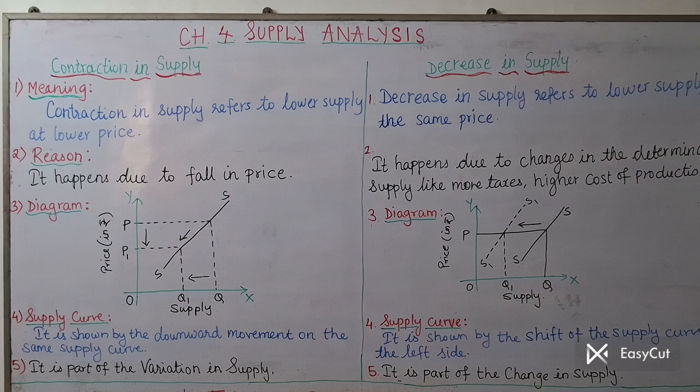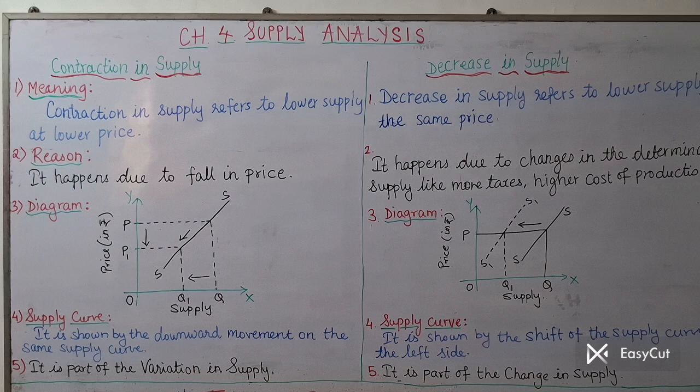Now moving to the other side, decrease in supply. Decrease in supply means the supply is lower but the price remains the same. Please remember this basic difference. When the supply is lower at the same price, that is called decrease in supply.